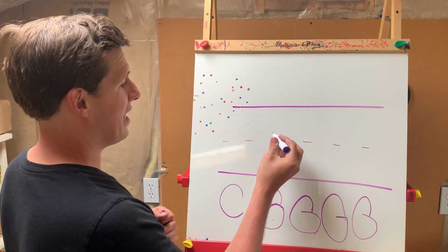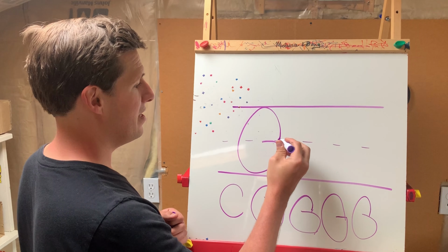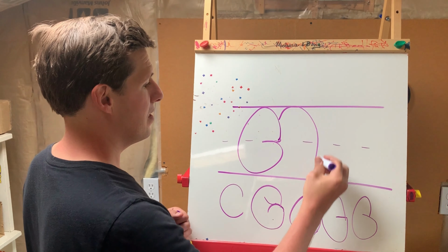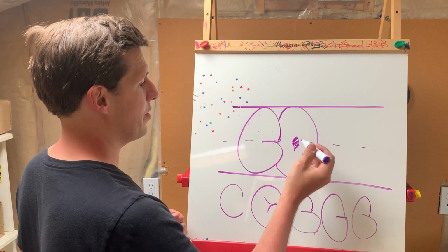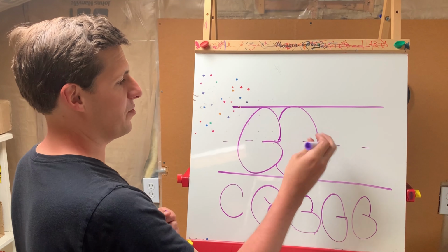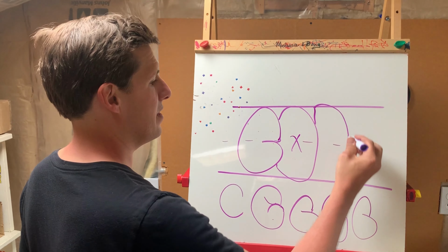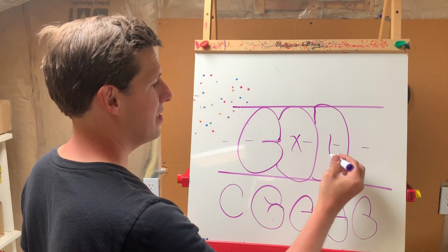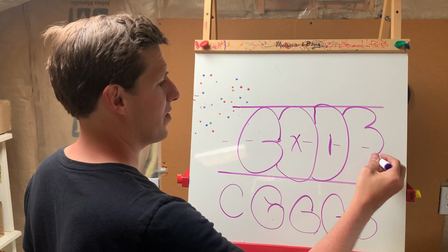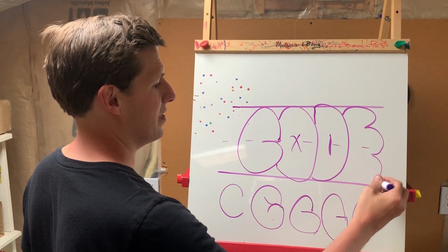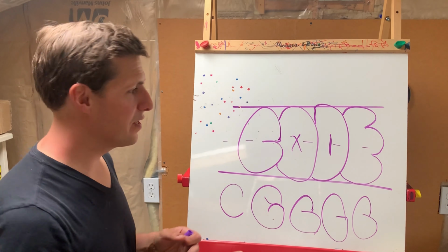So you can use this as a guideline too, and write your C, O, put your O in there. You can be clever. You can do something special with it. You can make an X. And then same with the D and the E, using your middle line to gauge where you should be. And then you have some bubble letters, right?